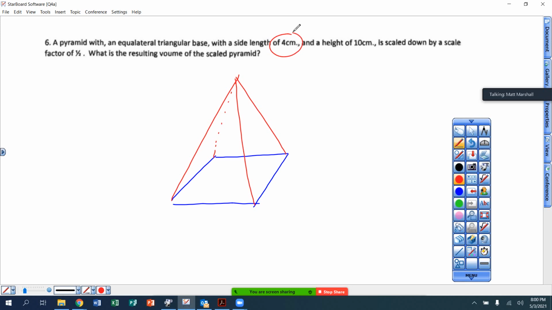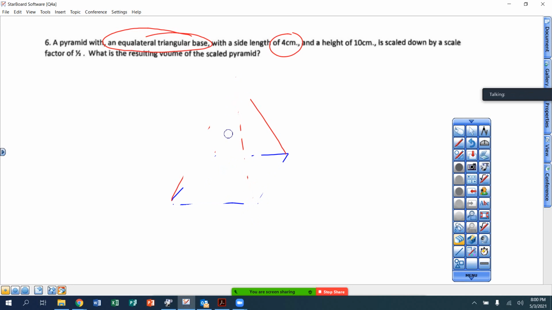Okay. So this is a pyramid with an equilateral triangular base. Ooh, that's tricky. What I drew is an equilateral triangle with a square base, but that's not right. So I'm going to try to draw one with a triangular base.